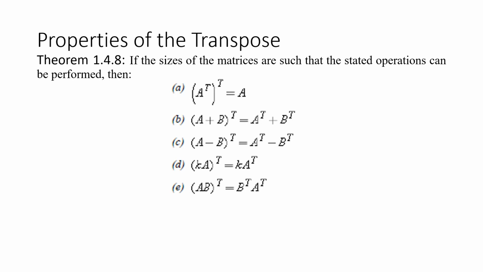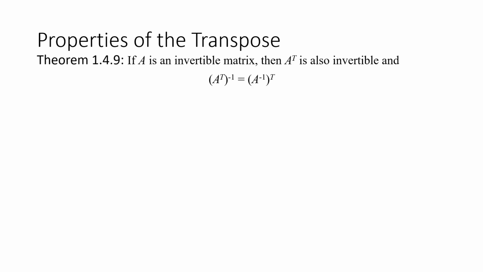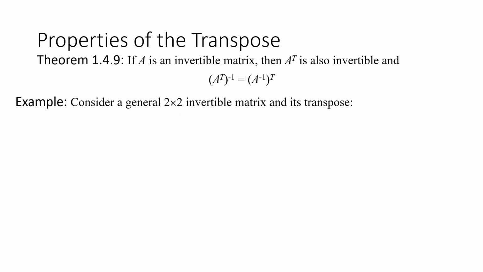So let's have theorem 1.4.9. If A is an invertible matrix, then the transpose of A is also invertible, and the inverse of the transpose of A is equal to the transpose of the inverse of A. For example, consider the general 2 by 2 invertible matrix and its transpose.